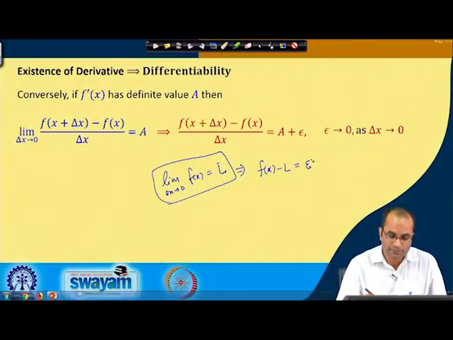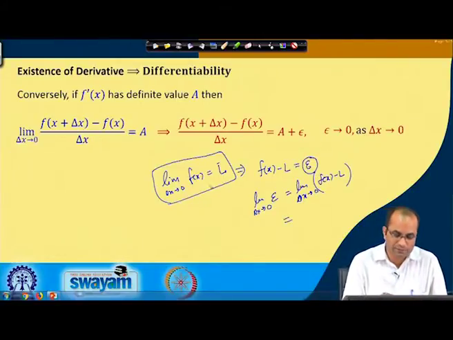This epsilon will have the property that it goes to 0 when delta x approaches 0. So, if we take the limit, epsilon as delta x goes to 0 will be equal to the limit as delta x goes to 0 of f of x minus L.